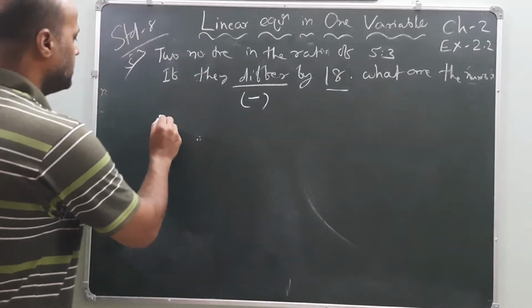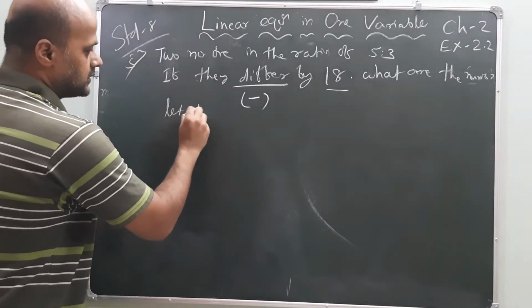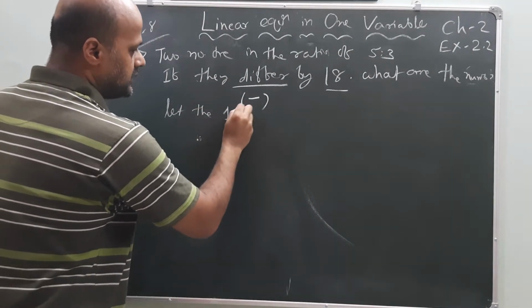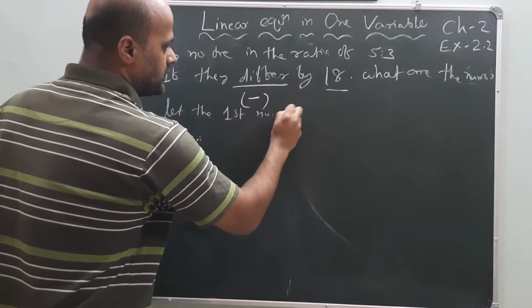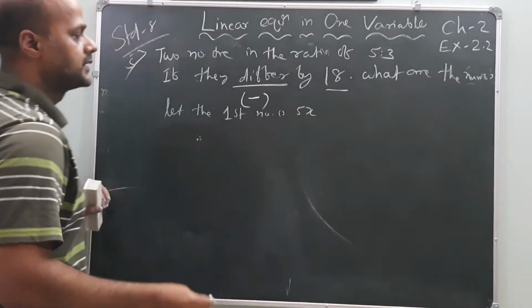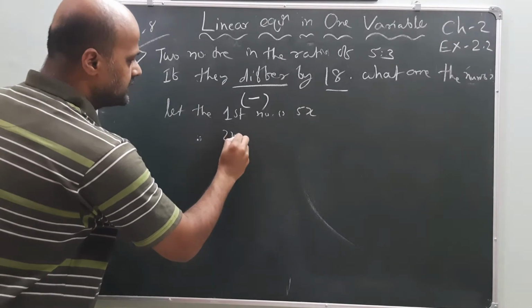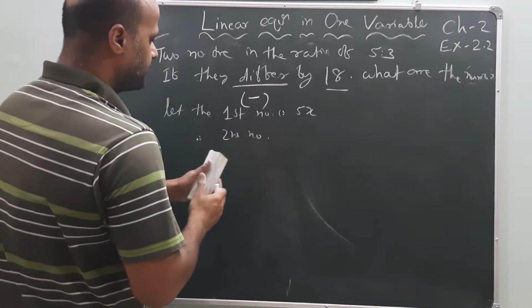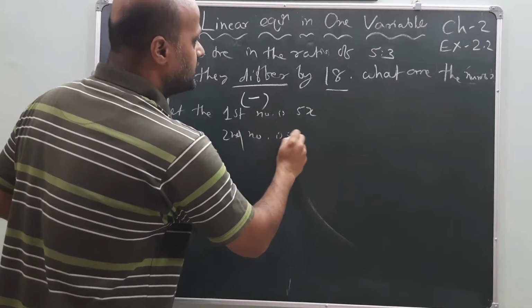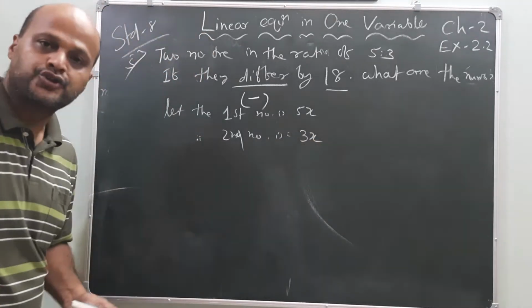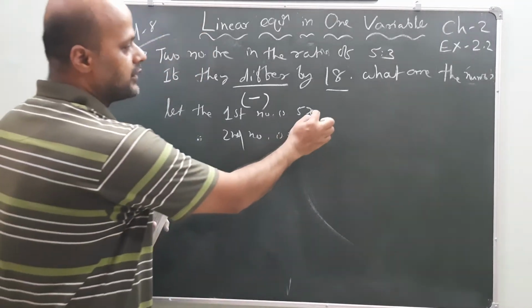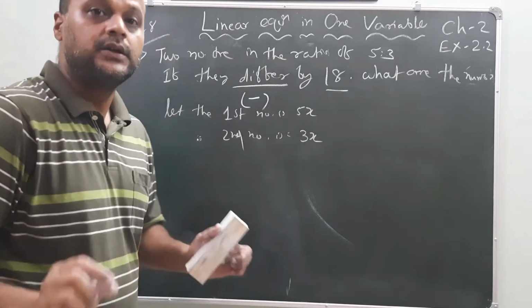So you write, let the first number be 5x and the second number be 3x. Understood, my dear friends? Like this you have to write 5x and 3x, with the variables.